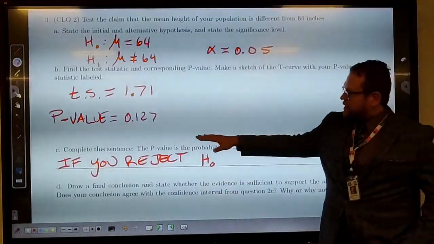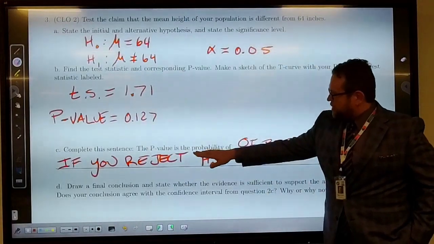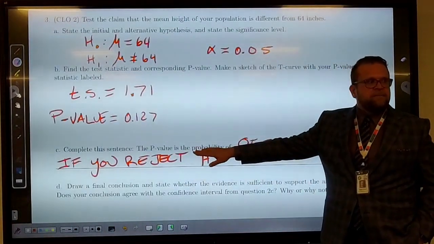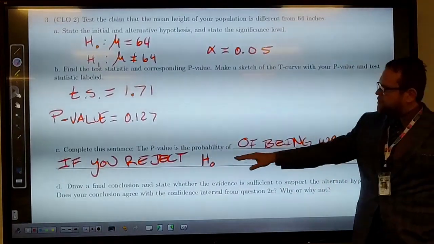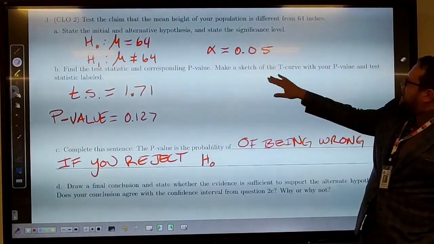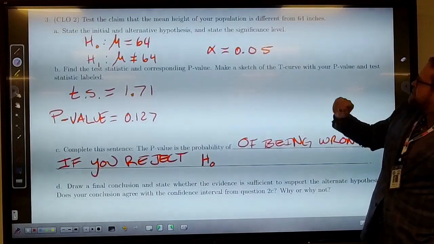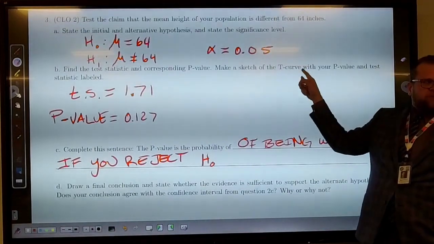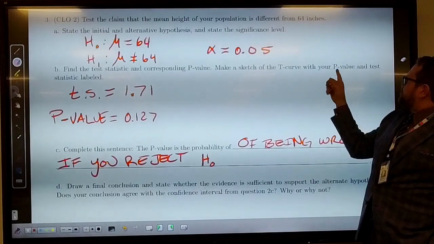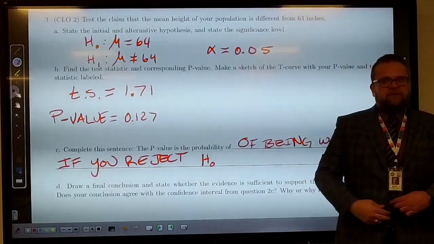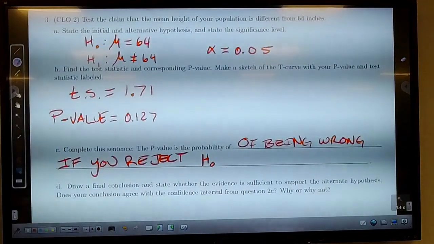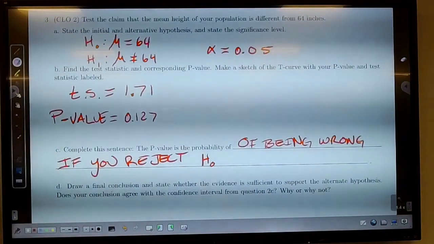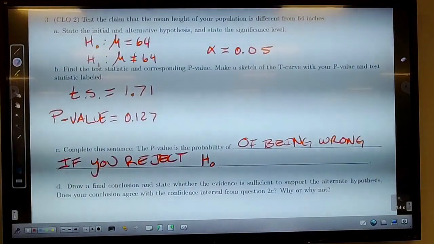And you have told me that a p-value, well, it says right here, it's a probability. Okay, I know what to do with that probability, but I need to make a sketch, evidently, of the t-curve that shows my p-value and test statistic. And in that picture, what will the p-value be?